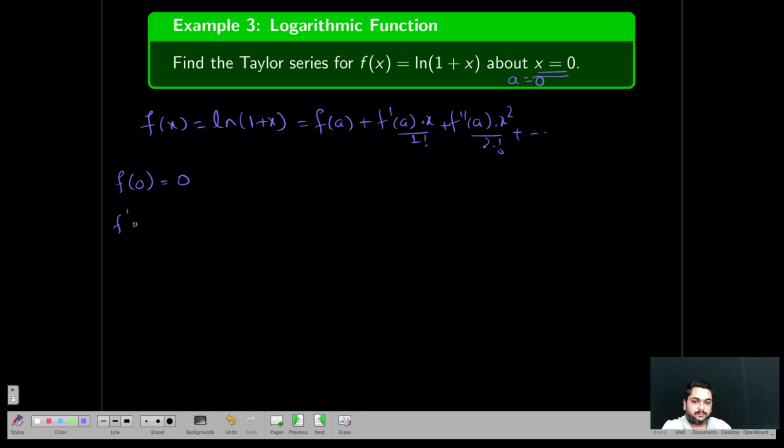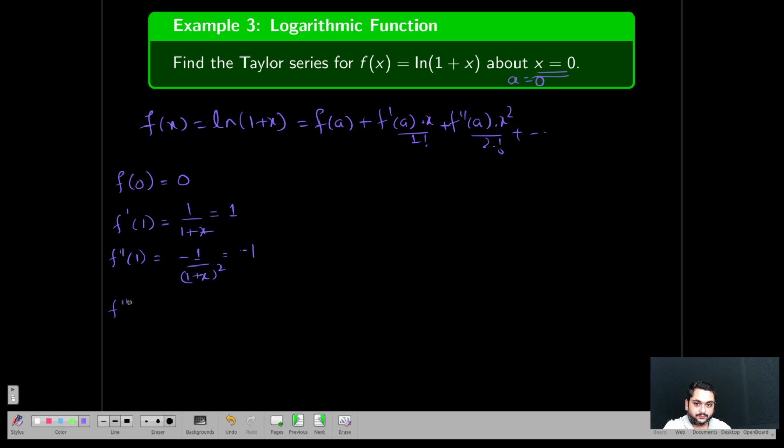So f of 0 is log of 1 plus 0, which is 0. Then f dash of x is equal to 1 by 1 plus x. Differentiation of log 1 plus x is 1 by 1 plus x. So this will be equal to 1. f double dash of x: differentiate this, I will get minus 1 by 1 plus x the whole square, so f double dash of 0 you will get as minus 1.